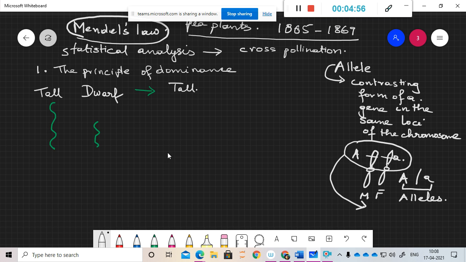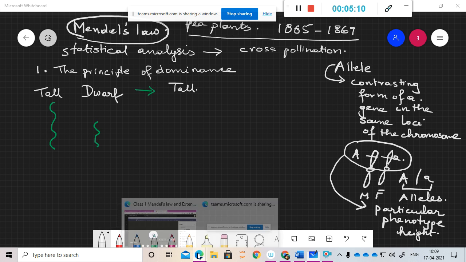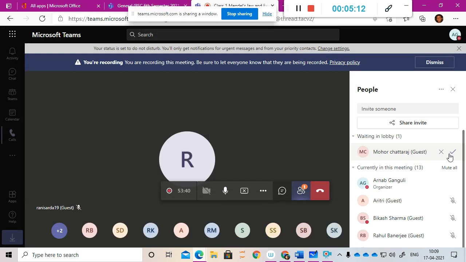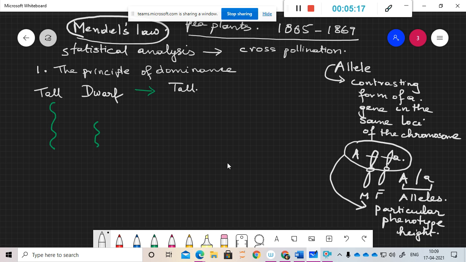They control a particular phenotype, say height, height of plant. So this is an allele.